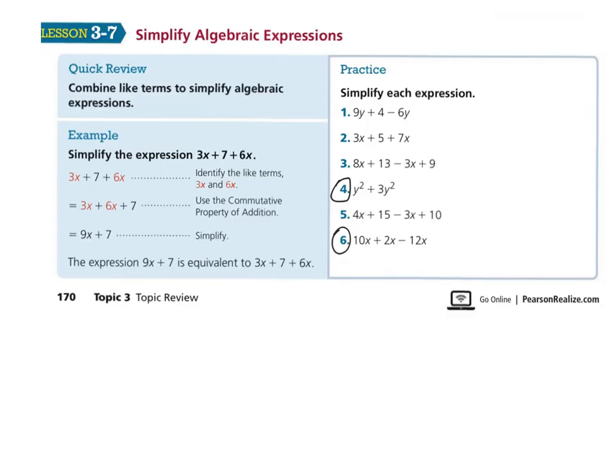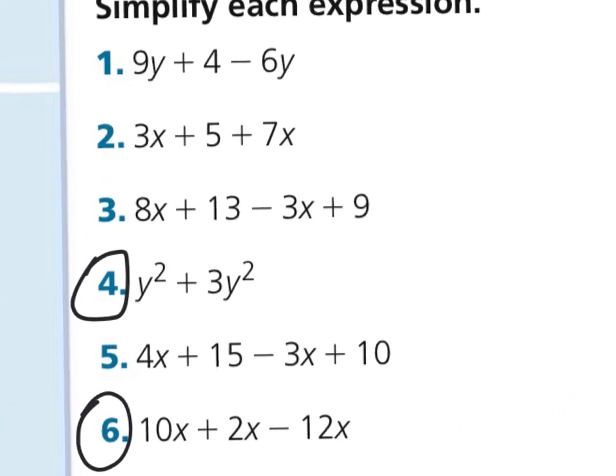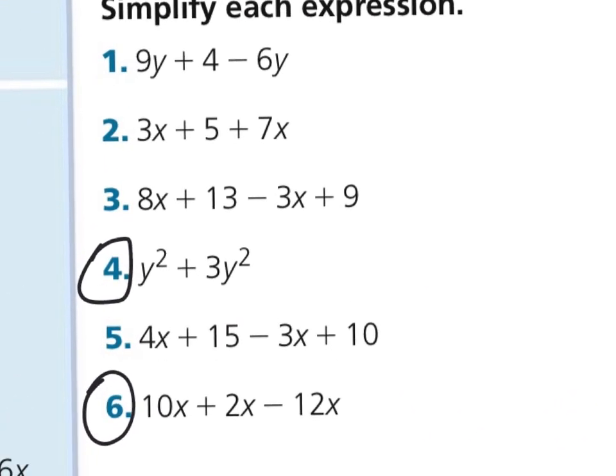Lesson 7 was on simplifying algebraic expressions. If you look at number 1, we've got some y terms. What we need to make sure we remember is the sign to the left goes with the term. So this is like 9y minus 6y, which is 3y, and then we just bring the plus 4.